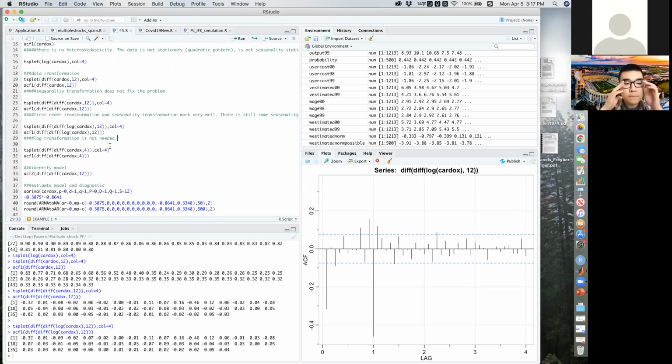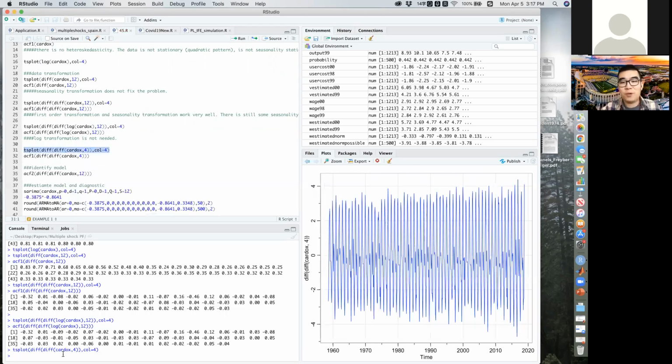Okay, and I also verified my data set by doing the quarterly difference. I want to see, if I do the quarterly difference instead of the monthly difference, how the data looks. This is what I got if I take the first order difference and the quarterly difference.